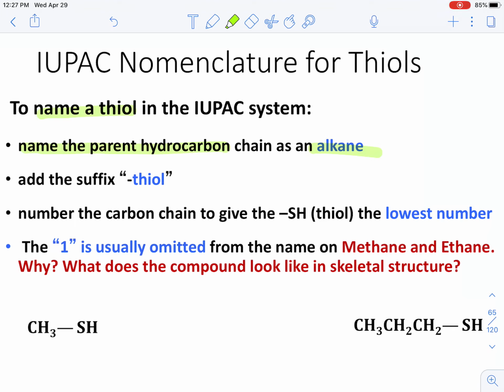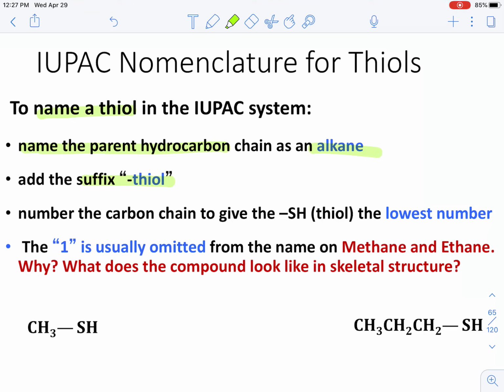Okay. And so after you have the correct parent name, you're going to add the suffix thiol. And so, very similar to alcohols, you want to convey to the reader what carbon number contains that thiol.